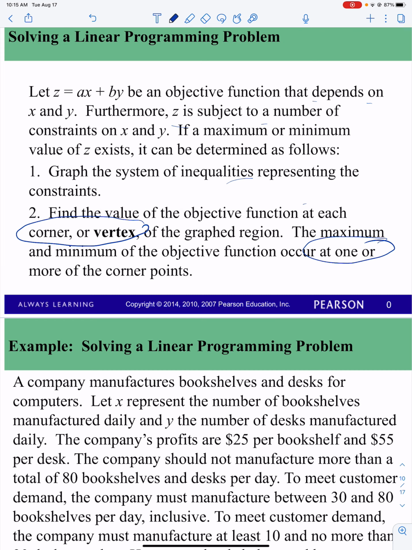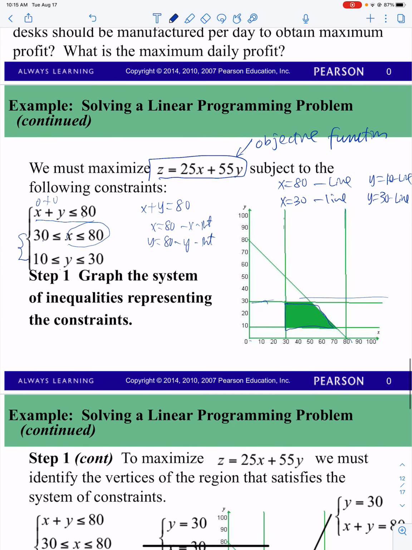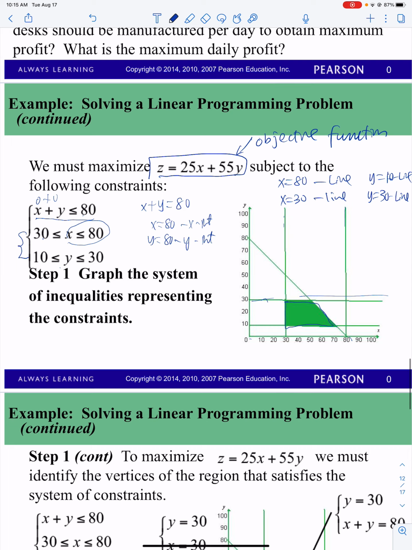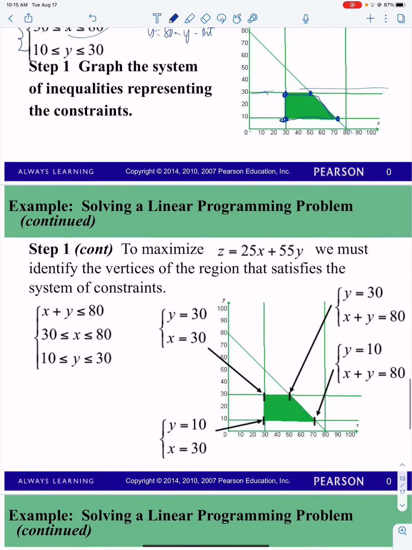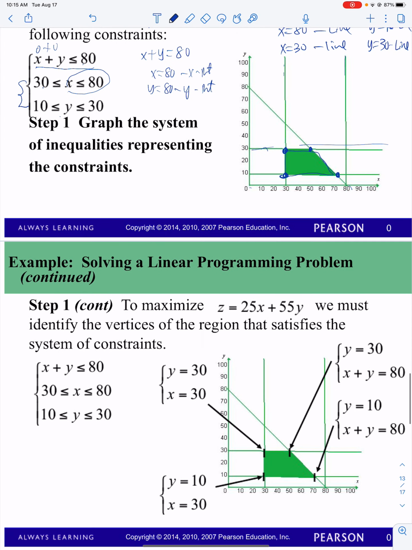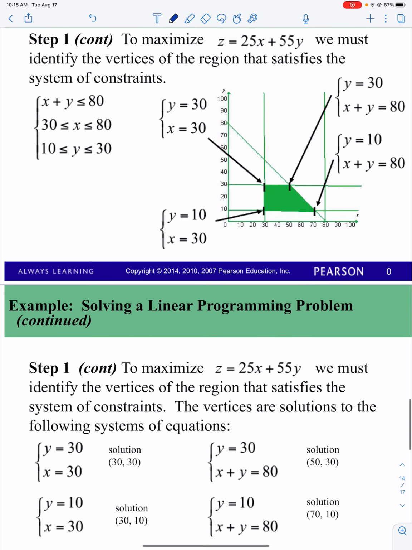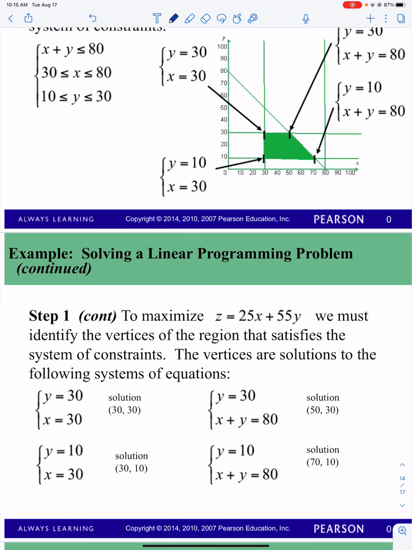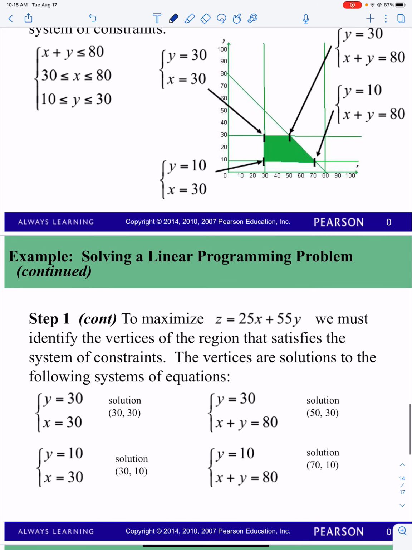So how many corners do we have here? Four. After we find the intersections, we can find all these corners, and the objective function's maximum and minimum only happen at these corners.